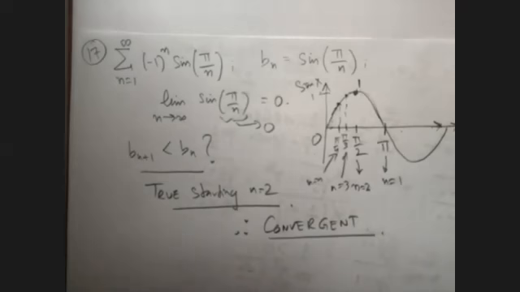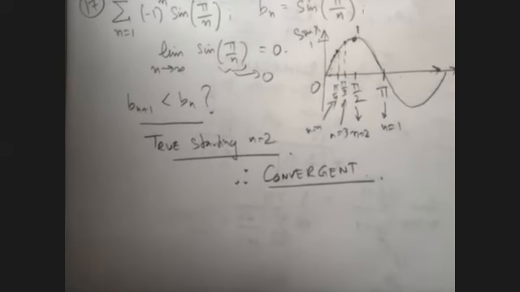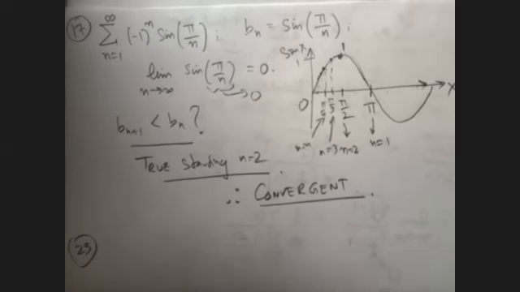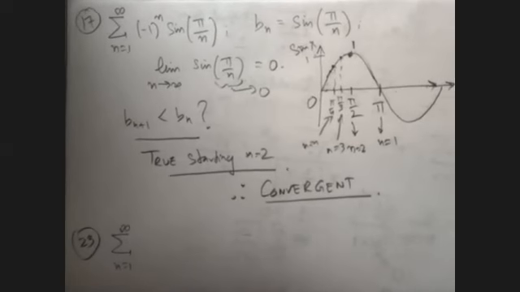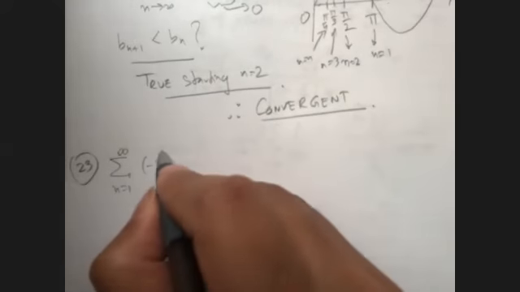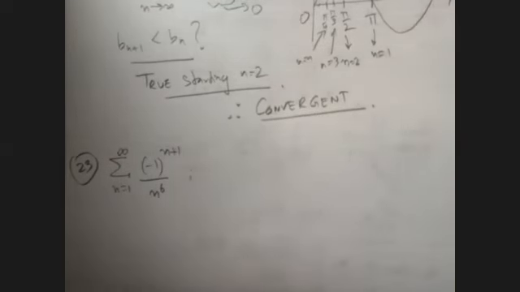Now let's do one problem with error bounds. We have to show that the series is convergent, and how many terms of the series do we need to add in order to find the sum to the indicated accuracy.